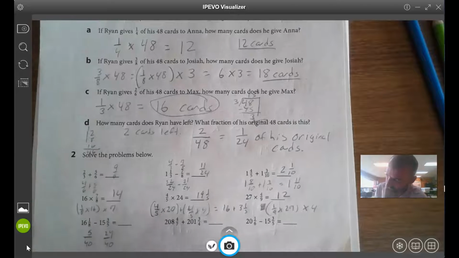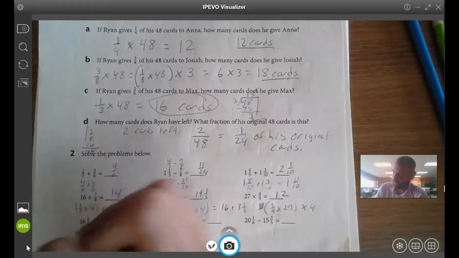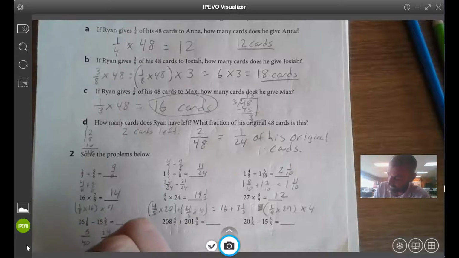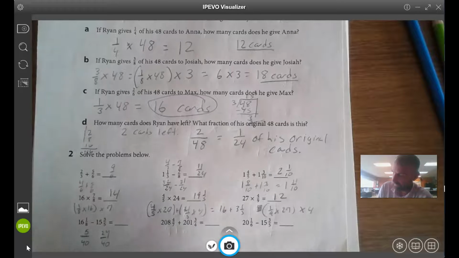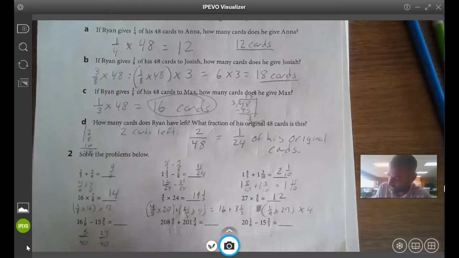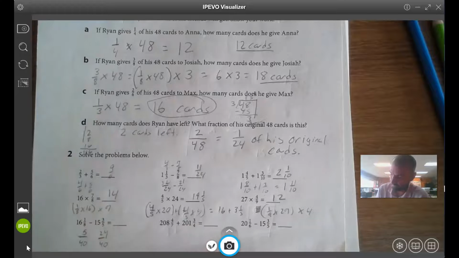Let's make these. Oh man, this is some work to have me do bridges. All right, let me make my life easier. So if I'm at 16 5 40ths, and I go back minus 5 40ths, I get to 16.